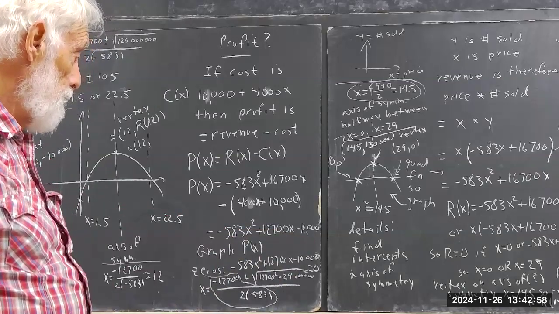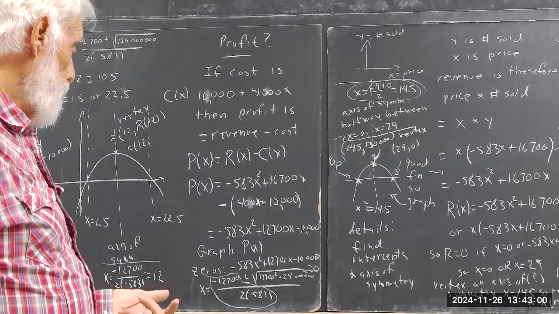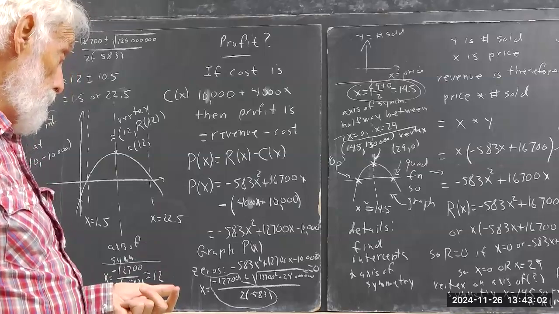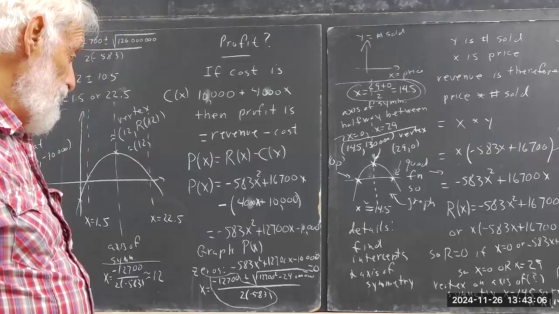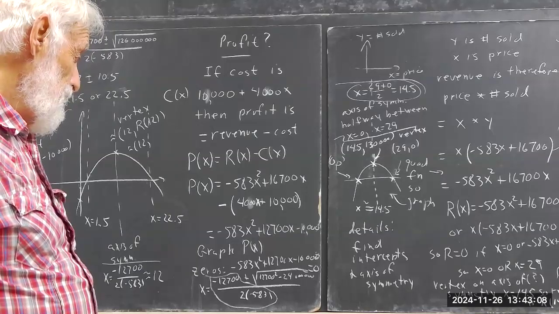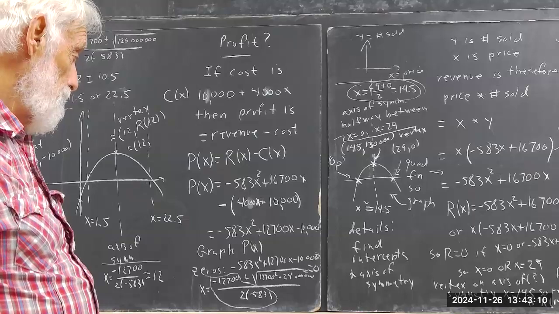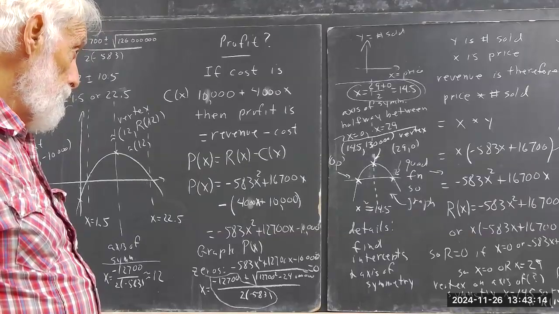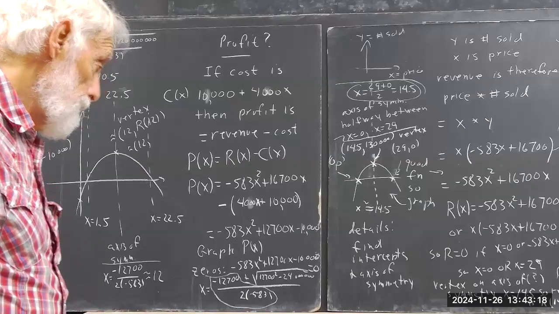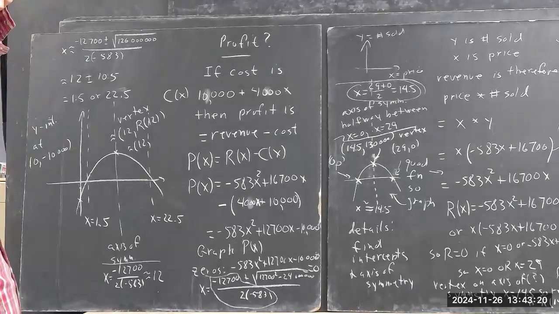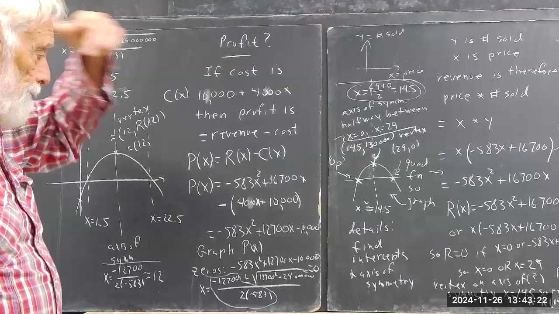So we have to subtract 583 times 144, which would be, okay. Too many numbers in my head.